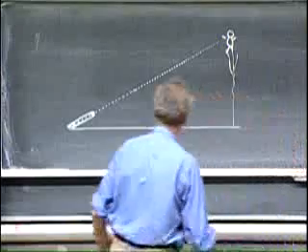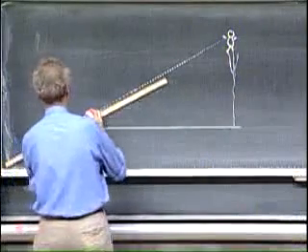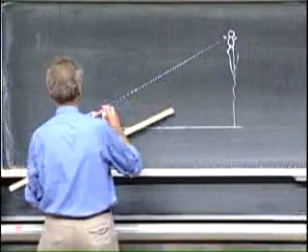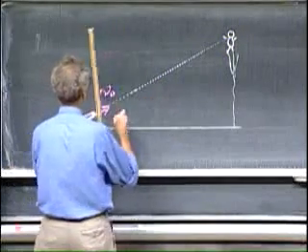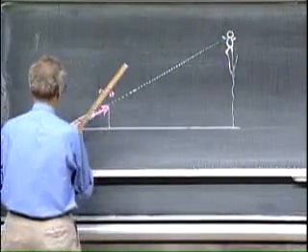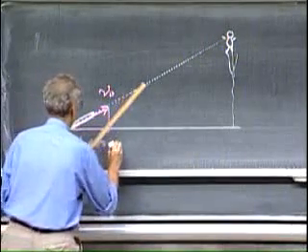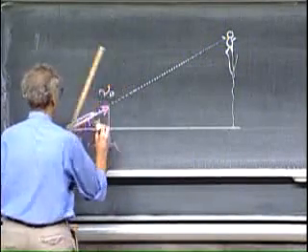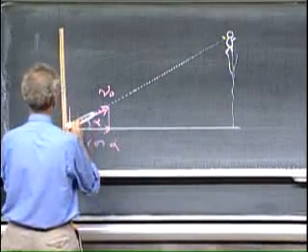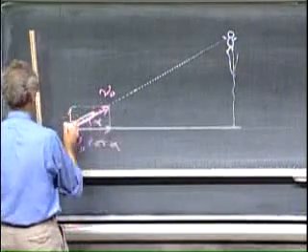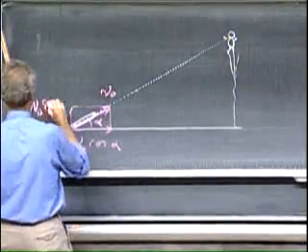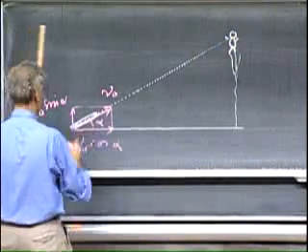He shoots it with a certain velocity, the golf ball. Let this be the speed v0. So the horizontal component, you're going to see that again and again, v0 cosine alpha, and the vertical component equals v0 sine alpha.